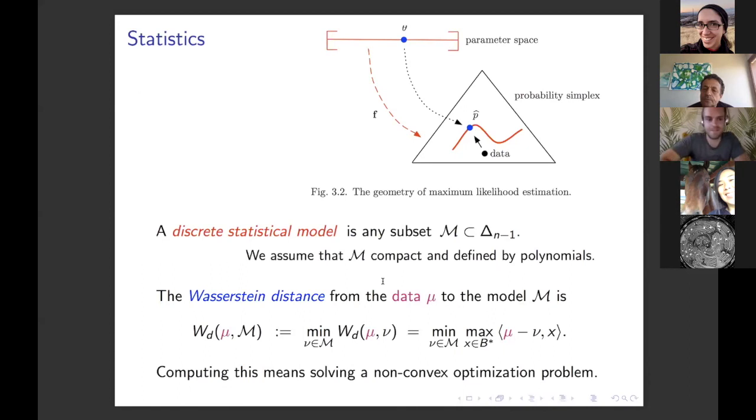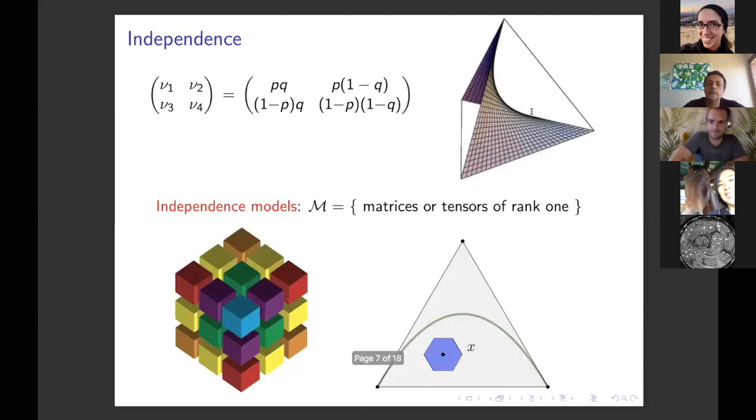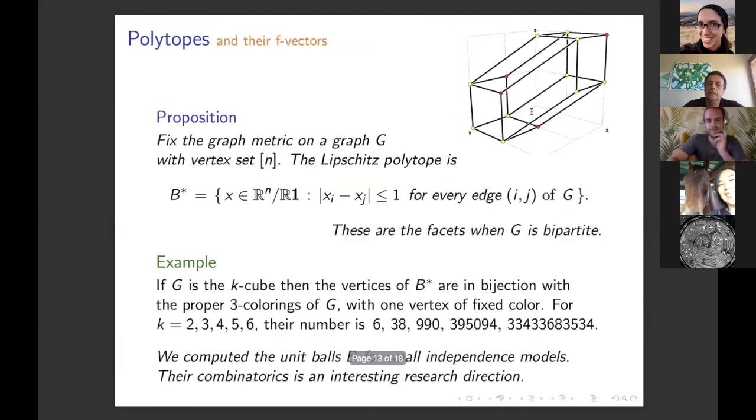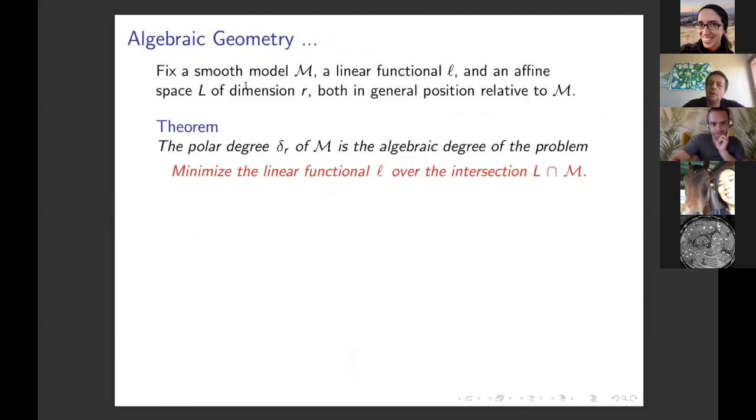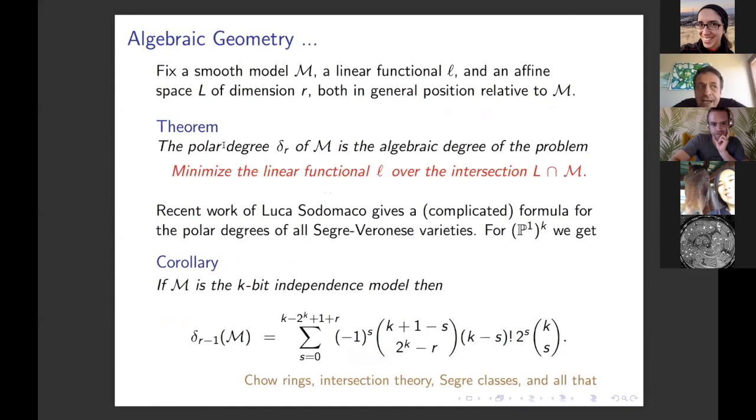Great, thank you. And then Alex Heaton asks, on some slides, there was an affine linear space L. Where did it come from? Is it the face of the unit ball polytope that touches the model? Yes, exactly. So it's actually the linear span of a face. So here in the L, when we model this in terms of polar degrees, if I have an i-dimensional face, think about the data point being the origin inside the ball.